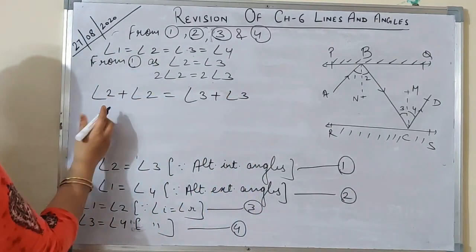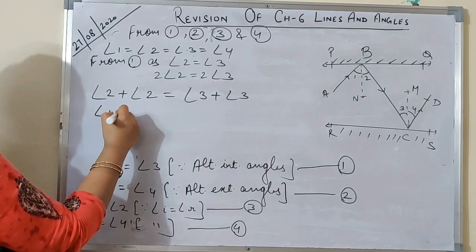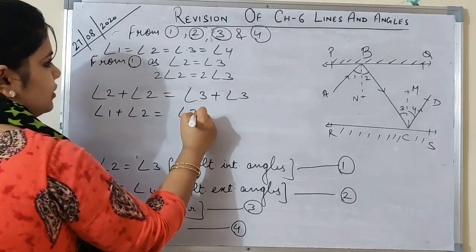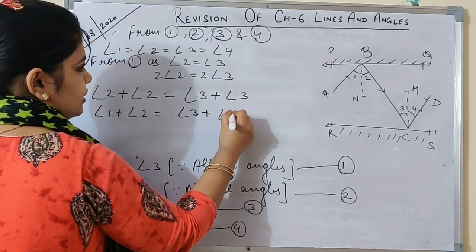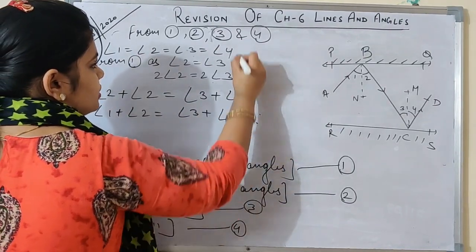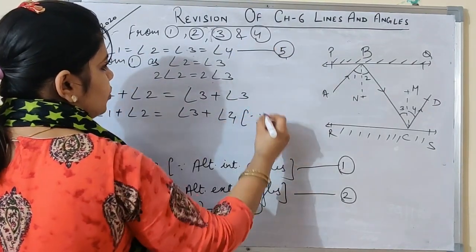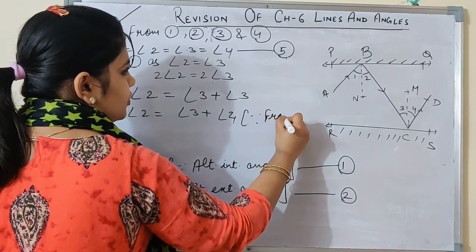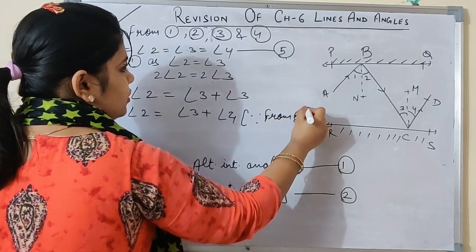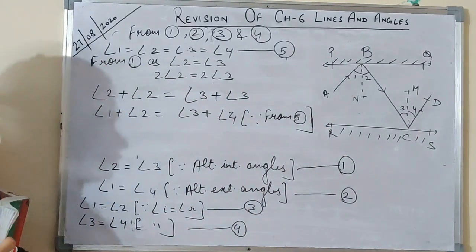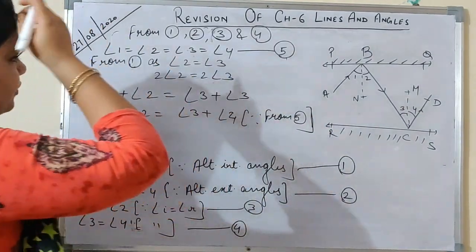Now, in place of angle 2, we can write angle 1 and in place of angle 3, we can write angle 4, from equation number 1. Name it as equation number 5. Is this clear?